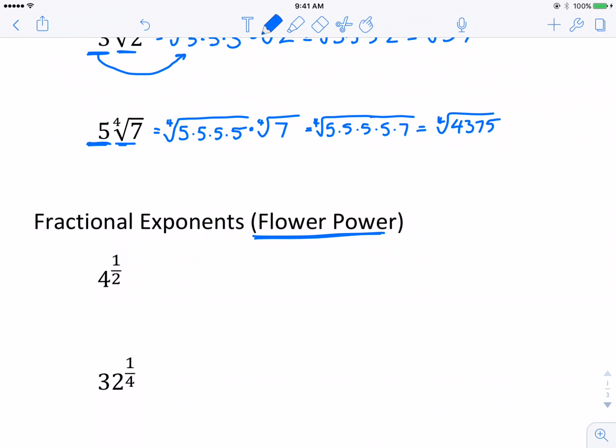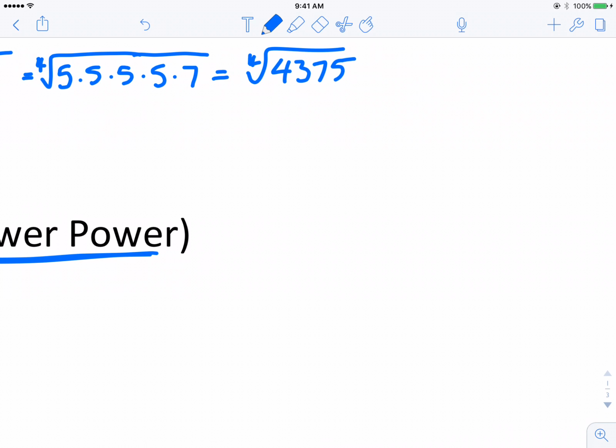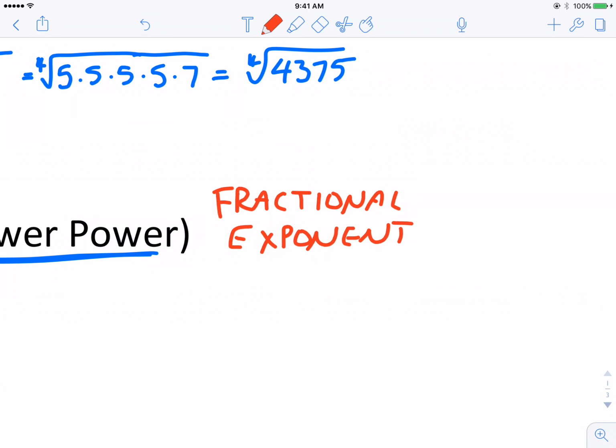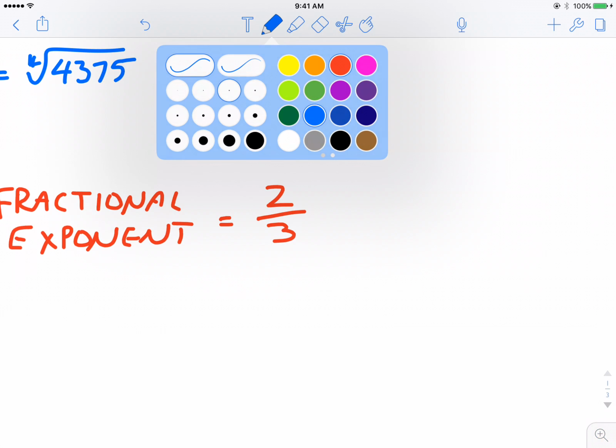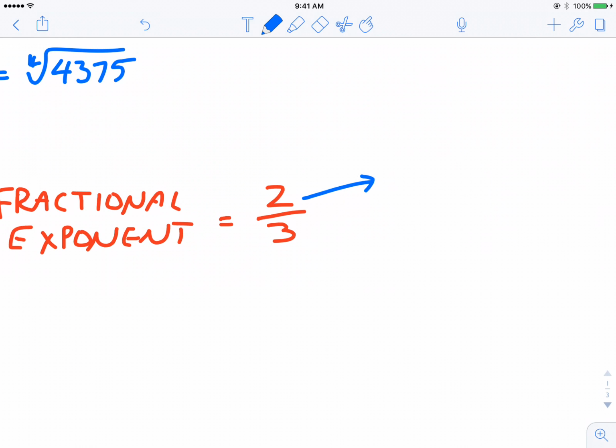Flower power is just a term that helps you remember that if you have a fractional exponent, let's just say that exponent is 2 over 3, the numerator, the top part of that fraction, is my exponent, and the bottom part of that fraction is my root.